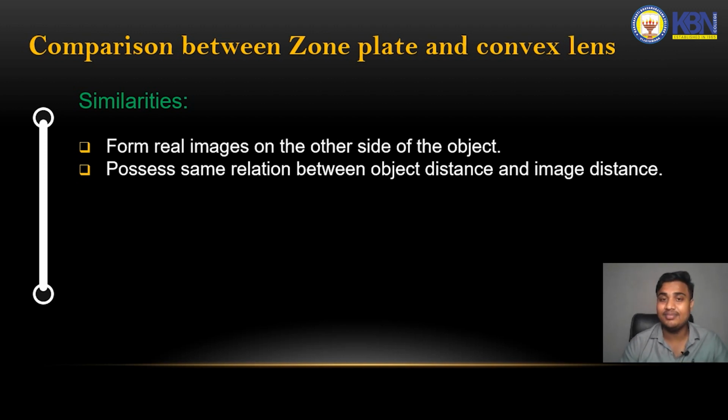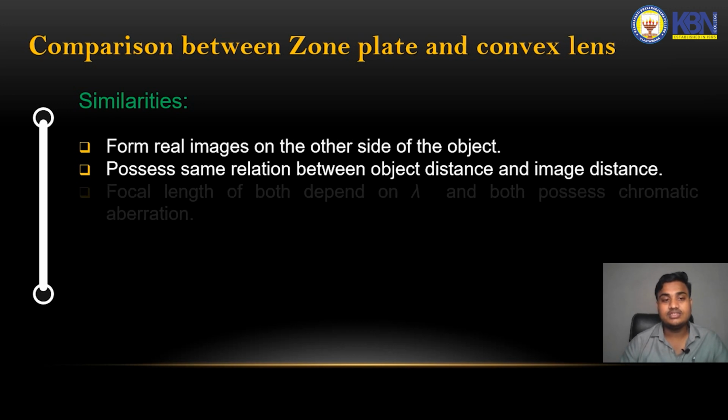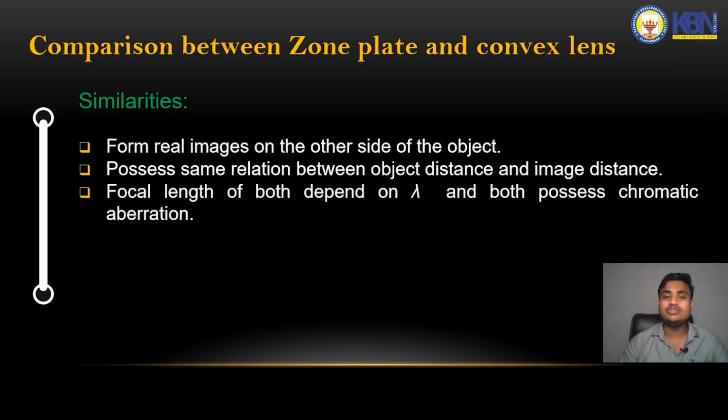Then the next point is the focal length. The focal length of both the zone plate and convex lens depends on the wavelength of the light lambda, and both possess chromatic aberration. These are the three similarities between zone plate and convex lens.